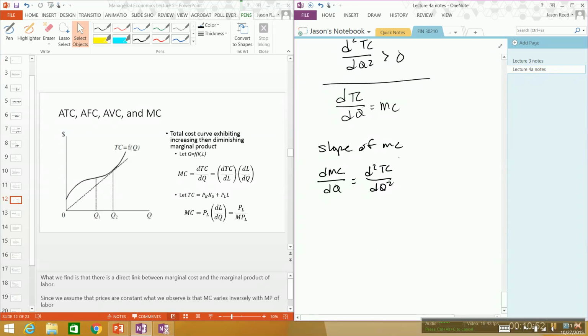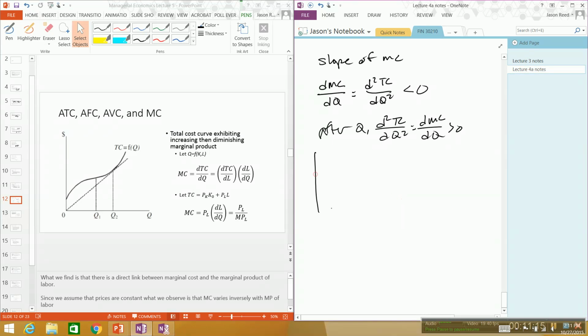And we know that in the beginning it is less than 0, right? So marginal cost is declining up to Q1, and after Q1 the slope of marginal cost is greater than 0. So at this inflection point of Q1, marginal cost has reached a minimum point.